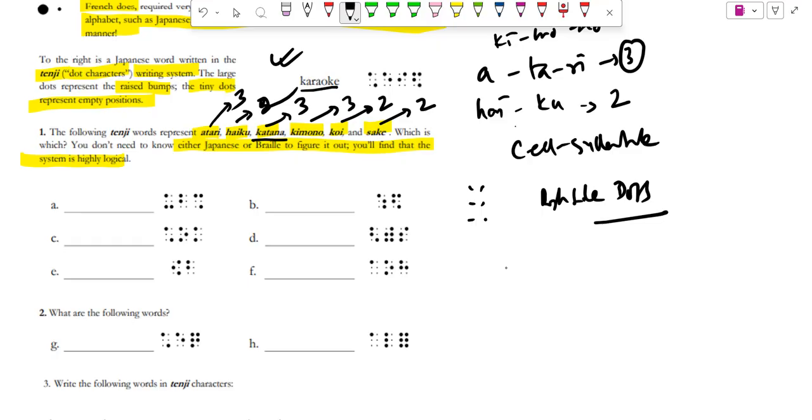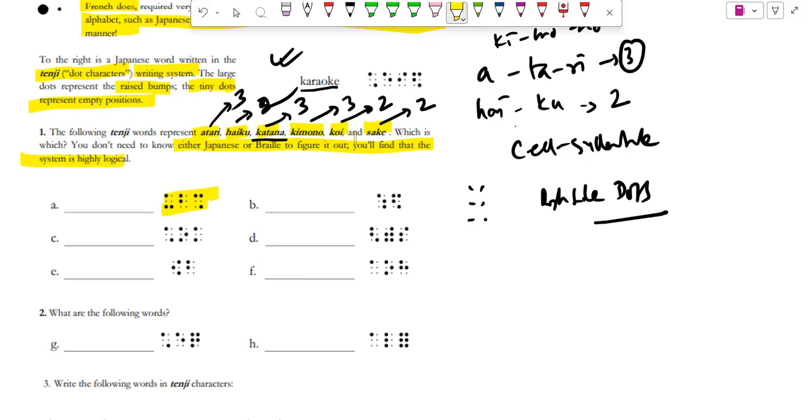In this case, we look for diagrams where the right side is the same in all 3 cells. Possibly katana or atari, but atari has vowels a-a-i, so it will not be that one. Ta has vowel a, katana is all a, kimono is i-o-o, not all the same.